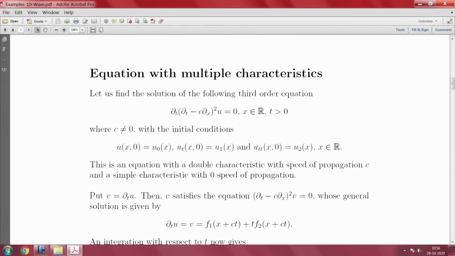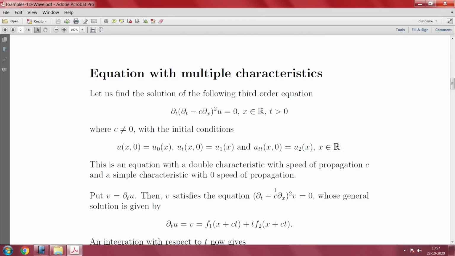One way of obtaining the solution is to make the substitution v equal to ∂_t u, and then v satisfies this double characteristic equation, and we have already seen that a general solution for this second order equation is f1(x + ct) plus t f2(x + ct), okay, and that is ∂_t u. So, we have obtained v, which is nothing but ∂_t u.